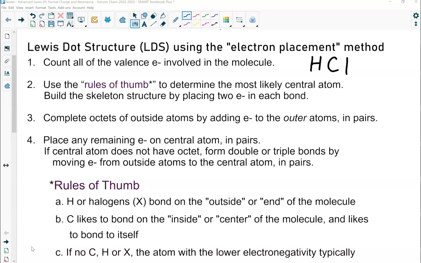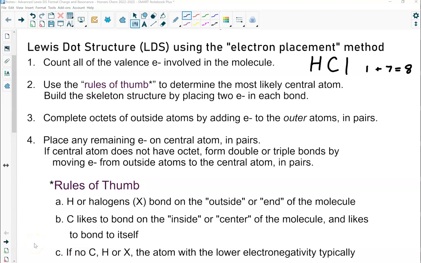So the first step when trying to do a Lewis dot structure, which shows how these nonmetals are going to bond covalently to make everyone have an octet, is to count the number of valence electrons. Hydrogen has 1 valence electron, and chlorine has 7, so there are a total of 8 valence electrons.